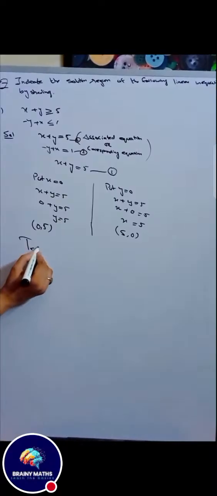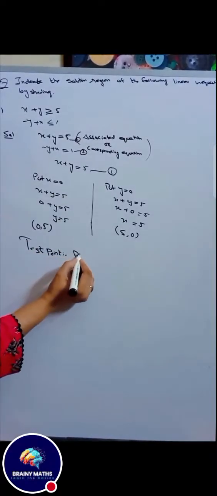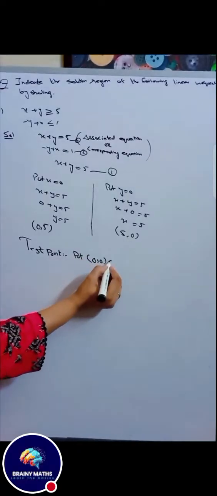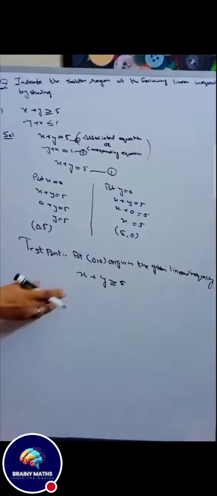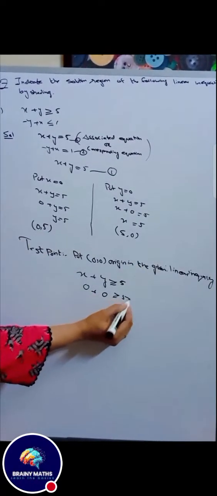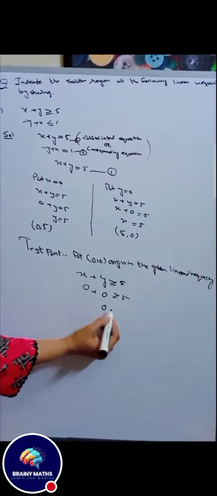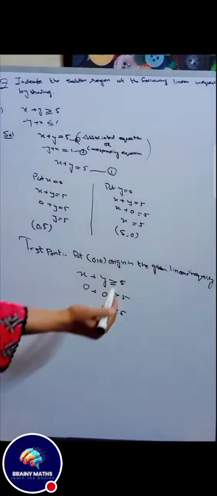The next part is the test point. Put (0, 0), the origin: x is 0, y is 0, and 0 plus 0 is greater than or equal to 5. Is this true? Is 0 greater than 5?